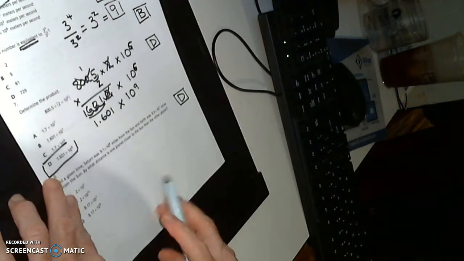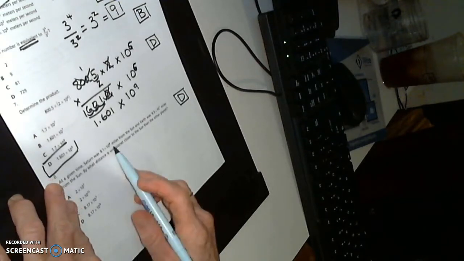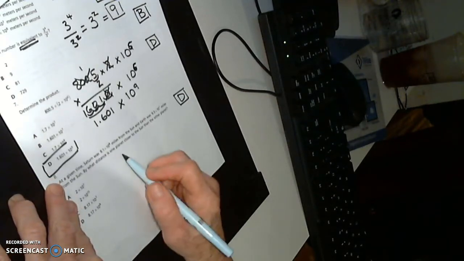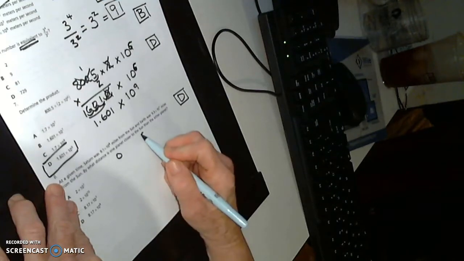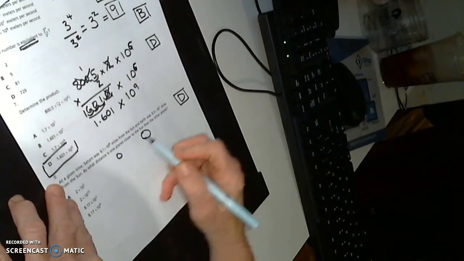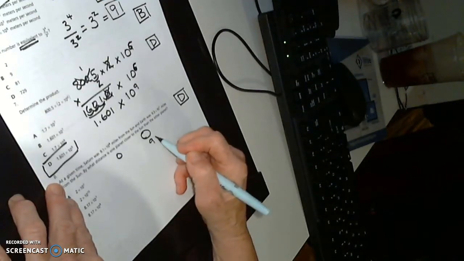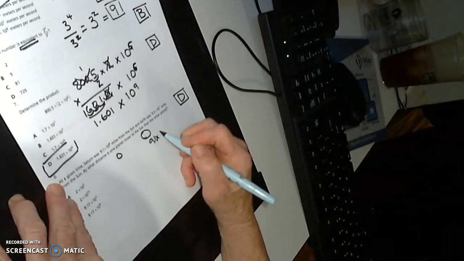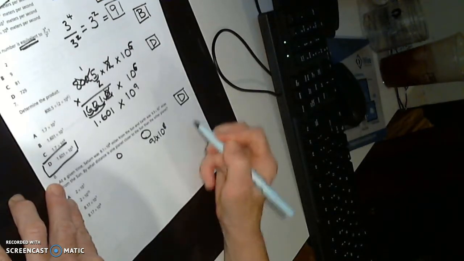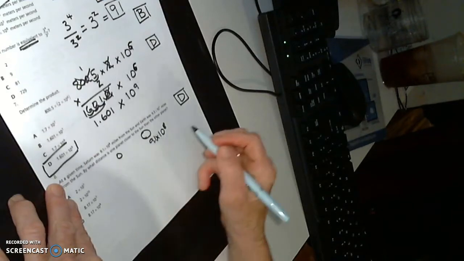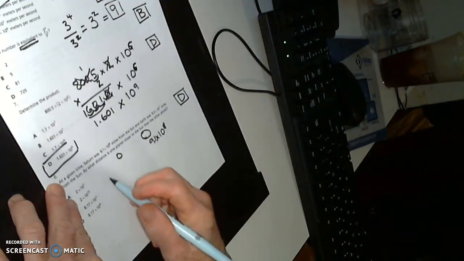Question number 8, at given times Saturn was 9, and again we drew our estimate here. Saturn is 9.1 times 10 to the 8th miles from the Sun. Let's just say this is the Sun here.